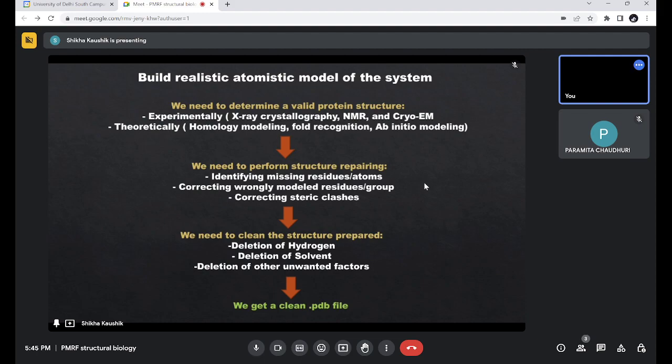Once we have the structure, we need to perform structure repairing. So what is structure repairing? Whenever you open your PDB file, as I also mentioned in the last class, there are some regions that you need to look at. You have to understand whether all the residues are present or not.